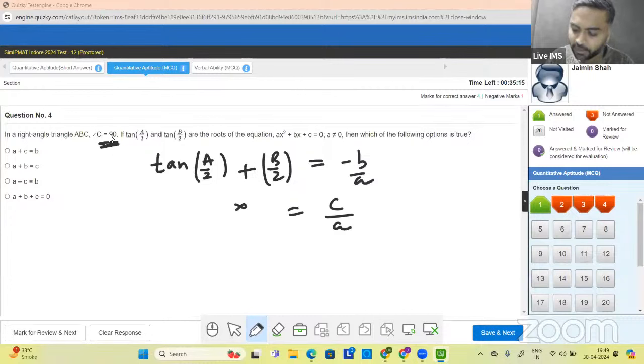Now since angle C is 90 degrees here, so A plus B will be 90. A plus B अगर 90 है, which of the following options is true?